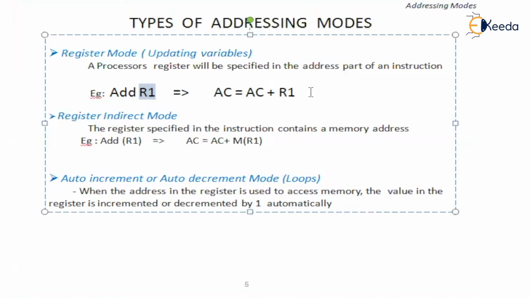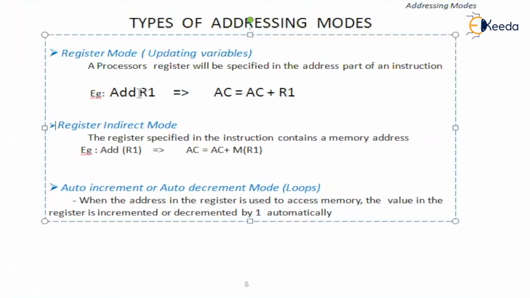accumulator plus R1, right? Now the thing is, in the register indirect addressing mode, the register which is specified in the instruction is going to hold a memory address. That is, now accumulator is not equal to accumulator plus R1, because this R1 holds a memory address.